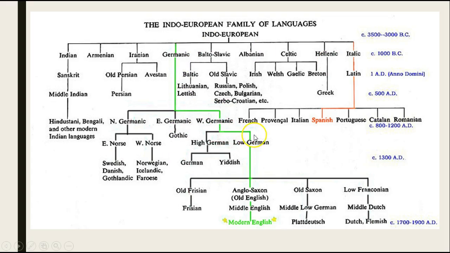If you trace that green line, English is actually from the Germanic branch of the Indo-European family tree. And so we are going to talk briefly about four of the branches that are especially important for the development of English: Hellenic, or Greek, Celtic, Italic, and Germanic.